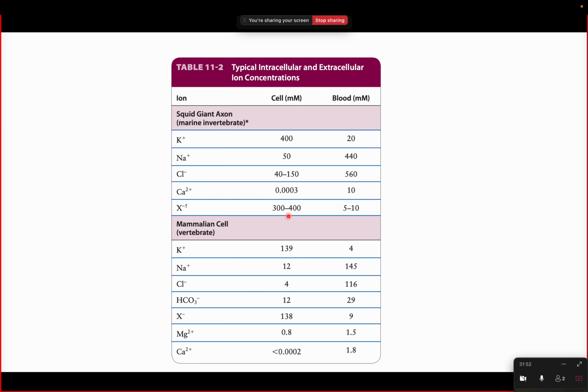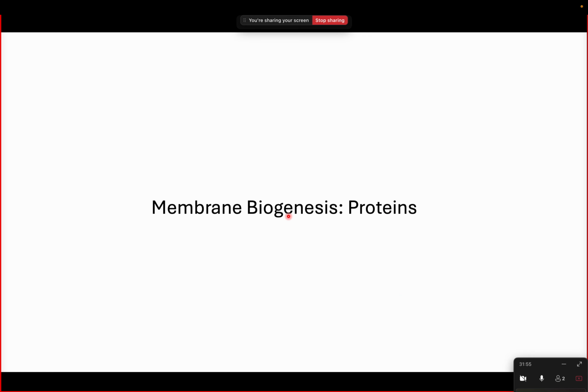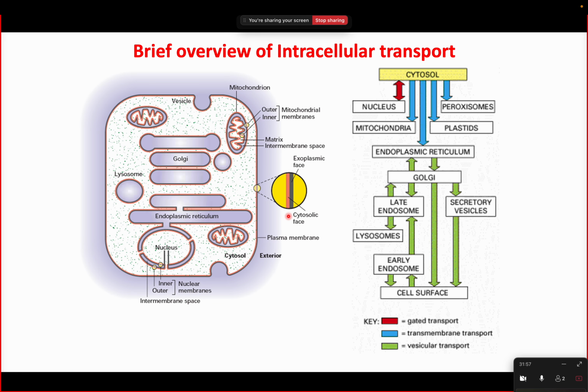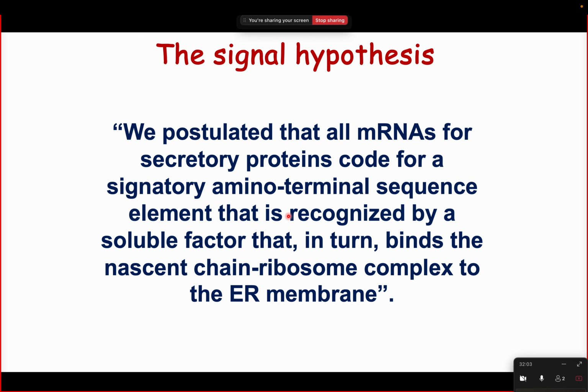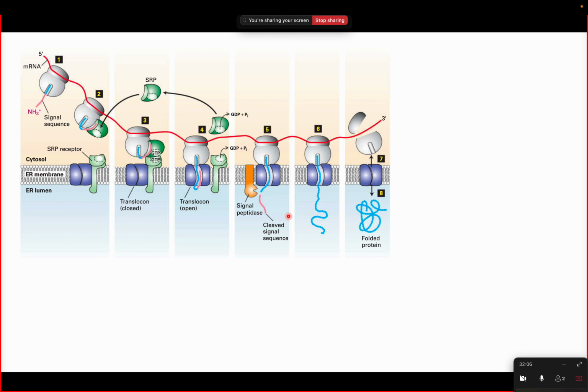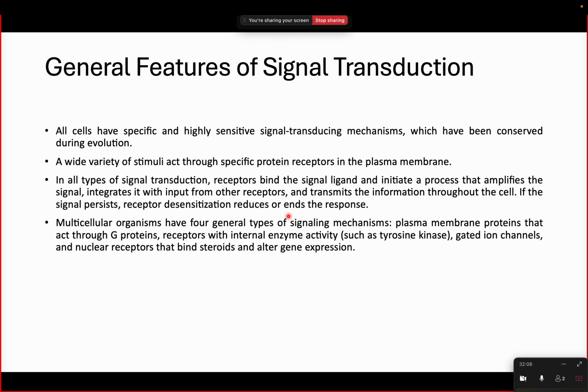So we are now going to switch gears, and instead of transportation, we'll try to learn about another major function of membrane proteins, which is signal transduction, because now we know how proteins are synthesized inside the cell, especially the ones which are supposed to be on the membrane, how they are translocated, how they are translated, and how they are assimilated into the membrane. Now they'll perform different functions. The first function was transportation, and now the function we are focusing on is signal transduction.